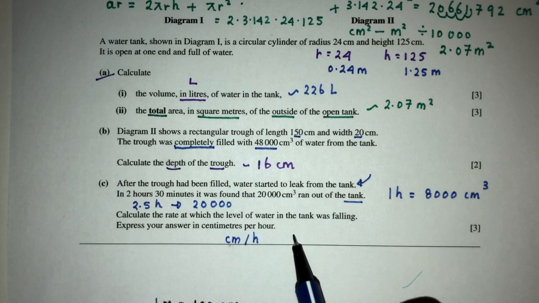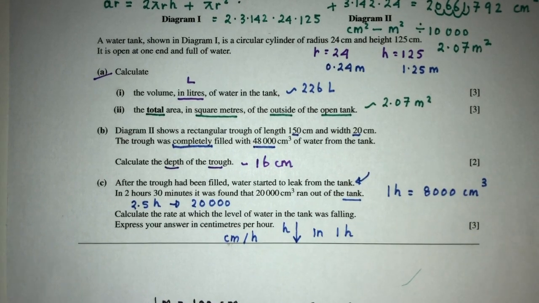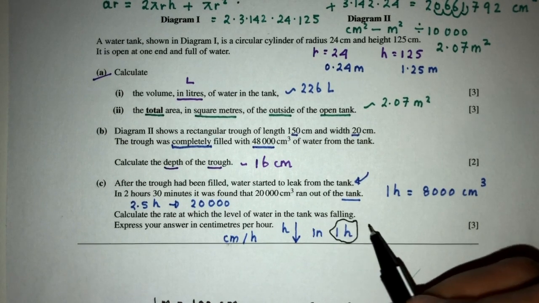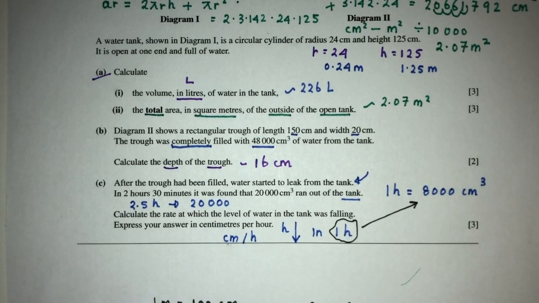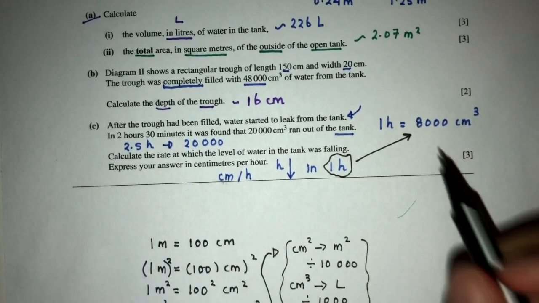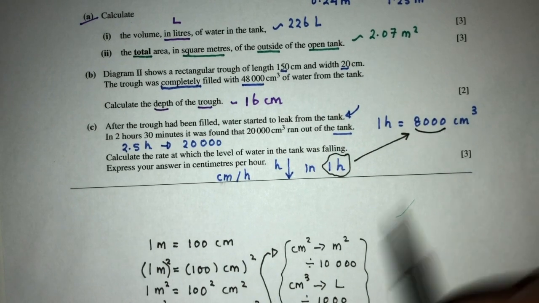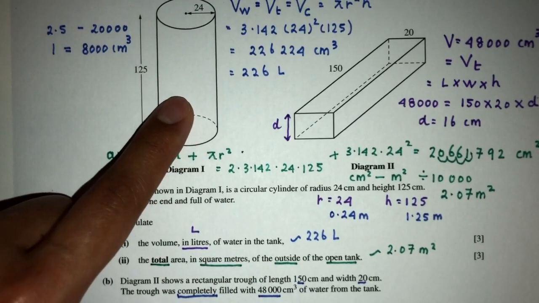So by how much is the level or the height falling in 1 hour? Very easy. In 1 hour we know that we are losing 8,000 centimeter cubed. So what is the height for that volume? Of course, you're losing this from a cylinder.